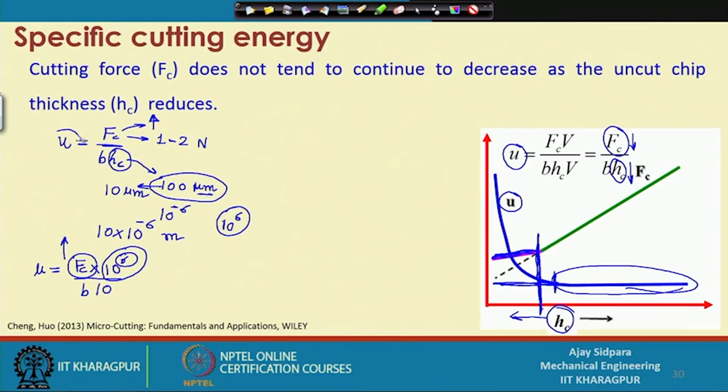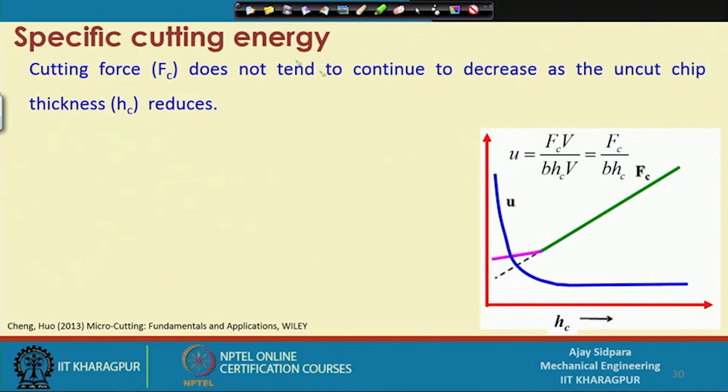So, now ultimately your u will be extremely high, and that is why you can see the trend of this u is very sharp when it is moving in this particular region. So, now you can understand how this trend comes about. Now, what we are talking about is uncut chip thickness in this particular range.